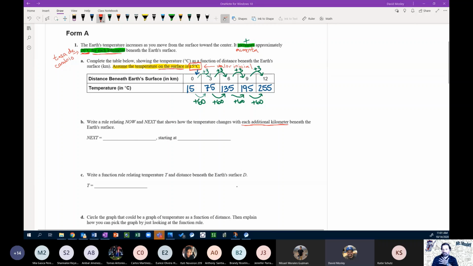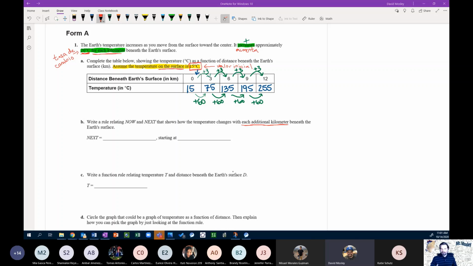So Damien typed in y equals 3x plus 60. That's incorrect. It's a good try. I see where you got your numbers, but that's a different type of rule. I'll get back to that one.